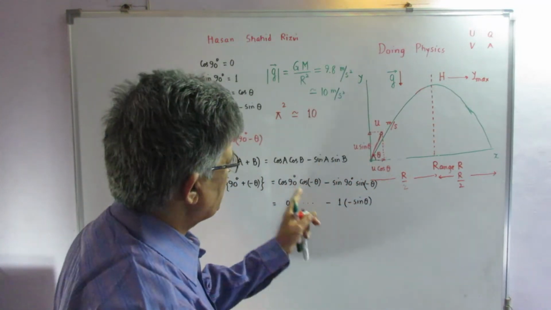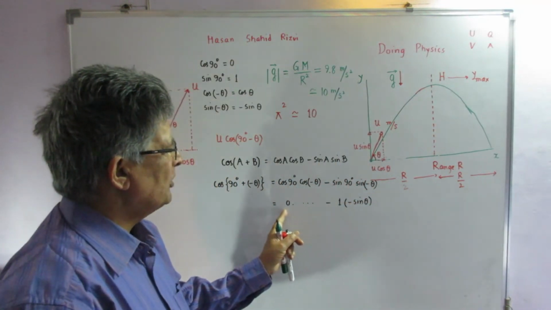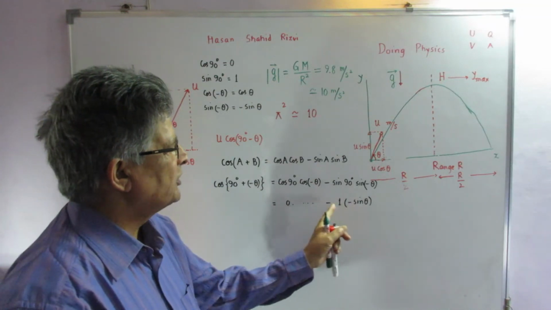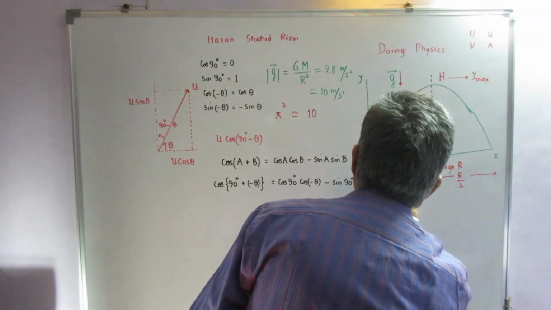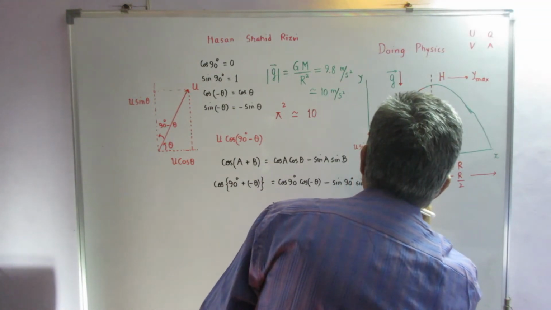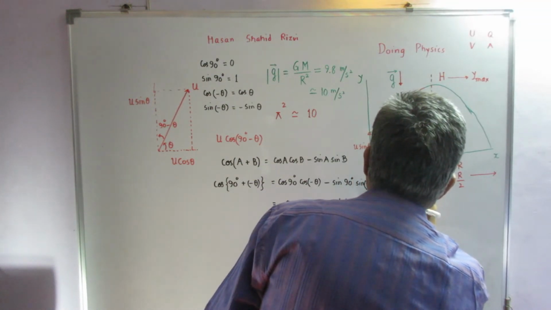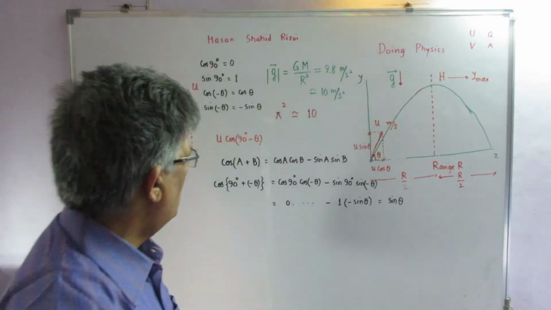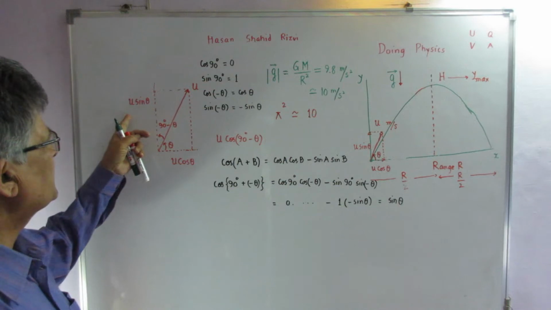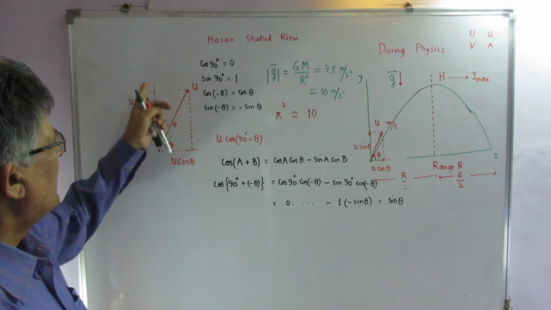So the first factor becomes equal to 0, the second factor becomes minus into minus, which is plus. So ultimately this becomes equal to sine theta. This is how this value is obtained, you must know, and therefore I am just writing here u sine theta on this side.